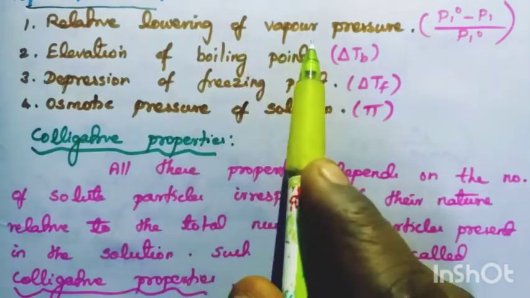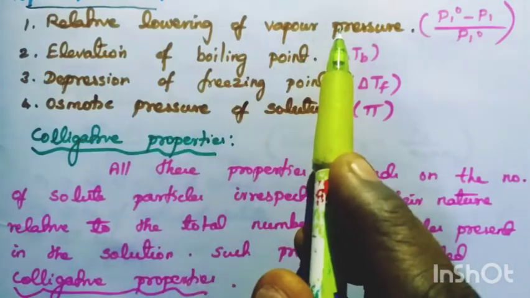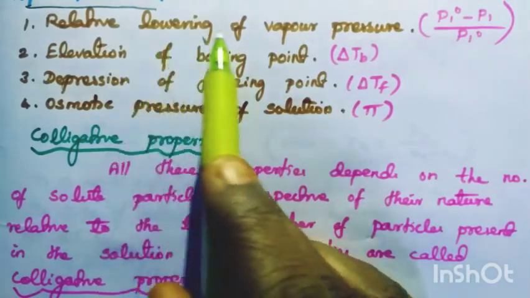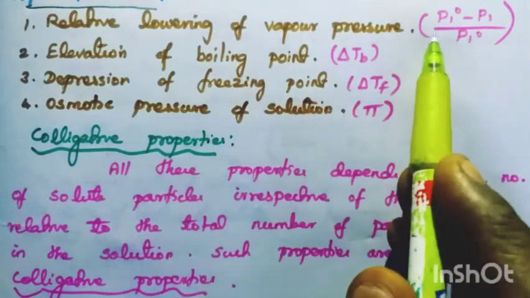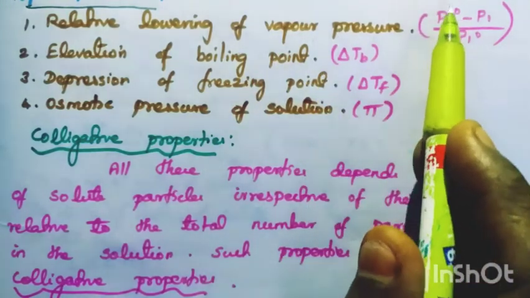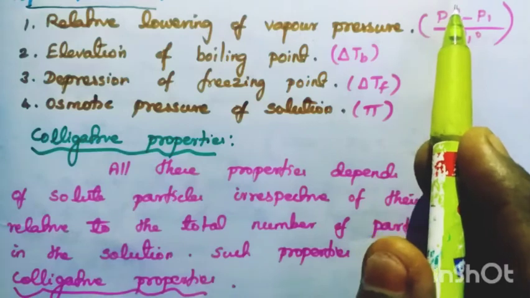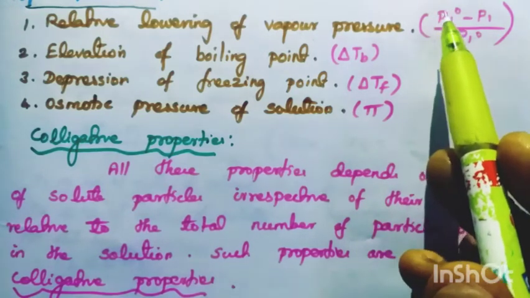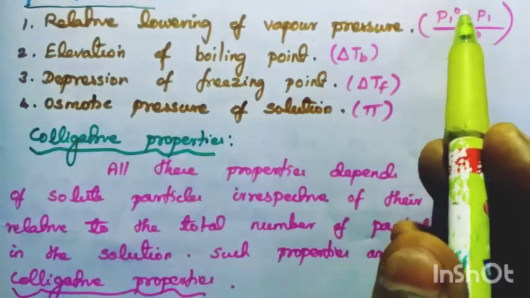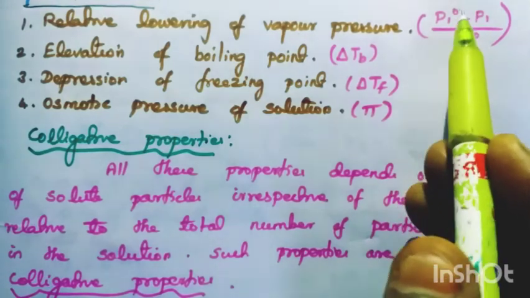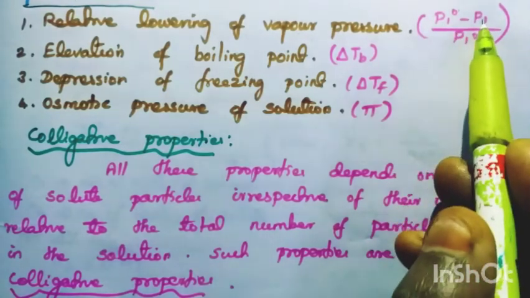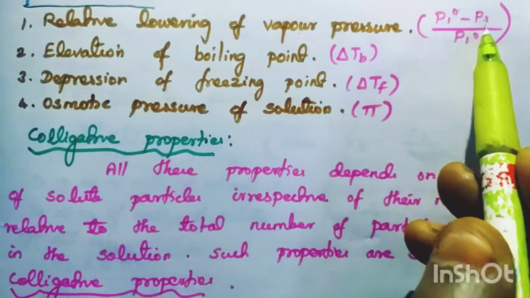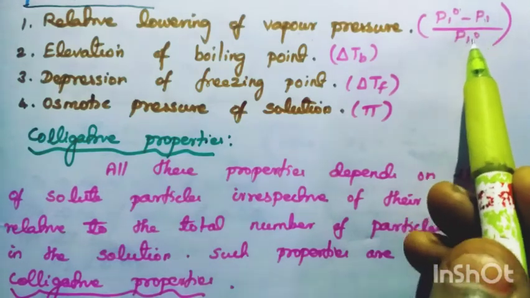Relative lowering of vapor pressure is compared between the solvent and the solution. It can be represented by the formula (P1 naught minus P1) by P1 naught.